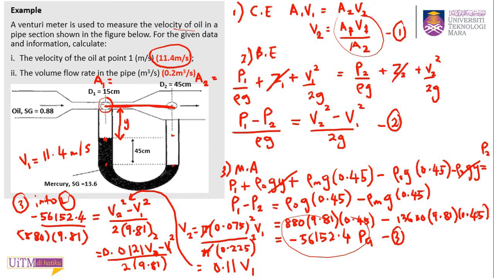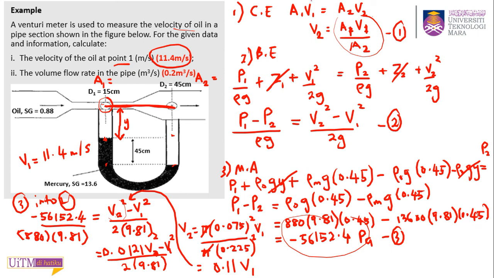If you do this, you will get it. So you already put everything here, V2 in terms of V1, because you want to find V1. They ask you to find V1, that's why you replace V2 in terms of V1.